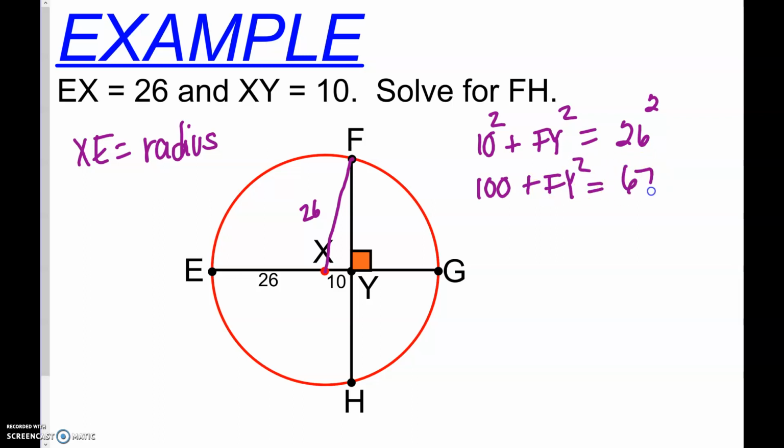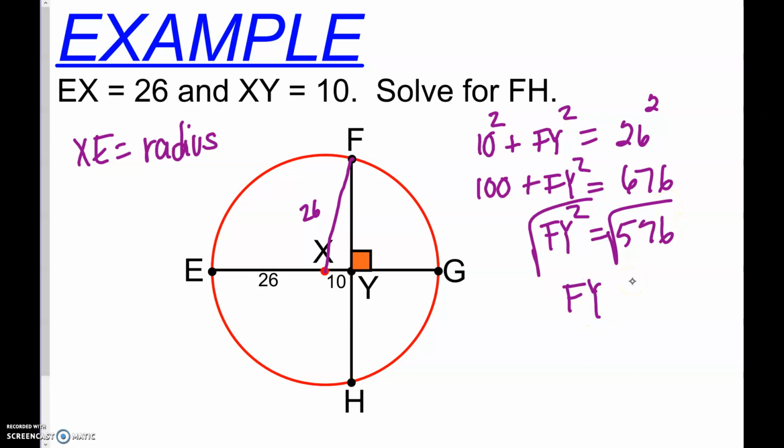So we've got 676. I'm going to subtract 100 from both sides, so FY squared is going to be 576. We take the square root of both sides, and FY technically is plus or minus 24. But because we're talking about a length, we're not going to use the negative value. So we're only going to use 24.